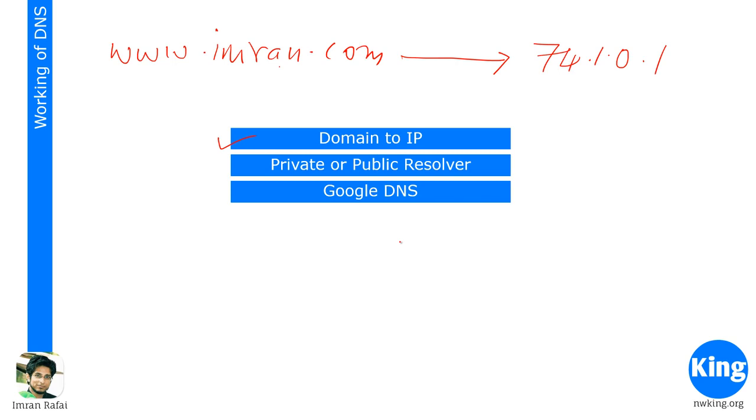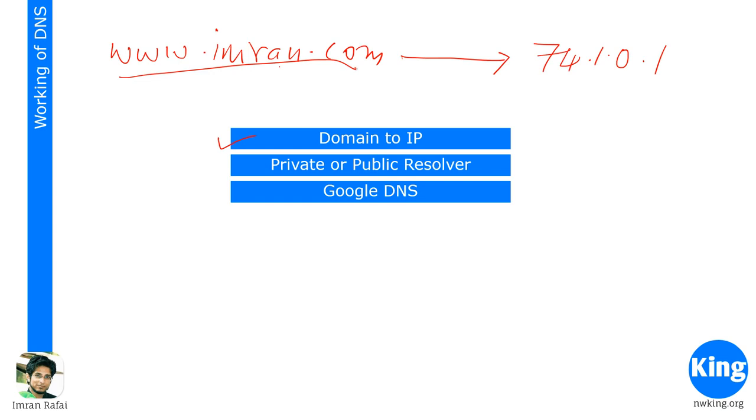I can't go contact these 10,000 people and tell them that my IP address has changed. The best way is they remember the fully qualified domain name, which is nothing but www.imran.com, and then automatically whatever changes happen behind, the end user need not know about that change, right?